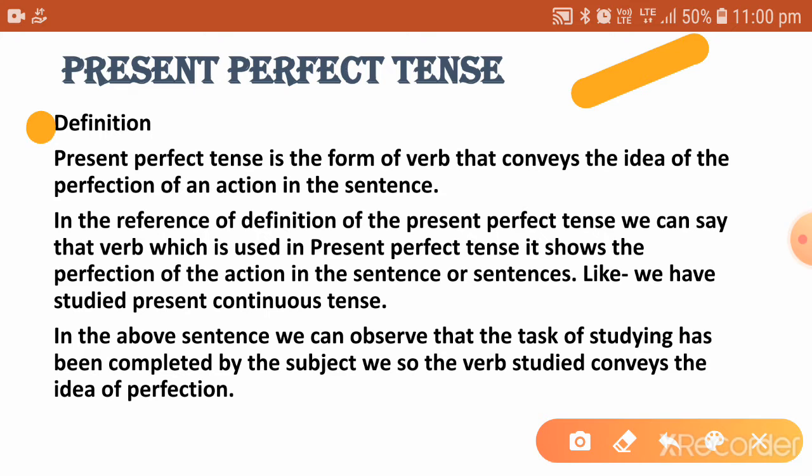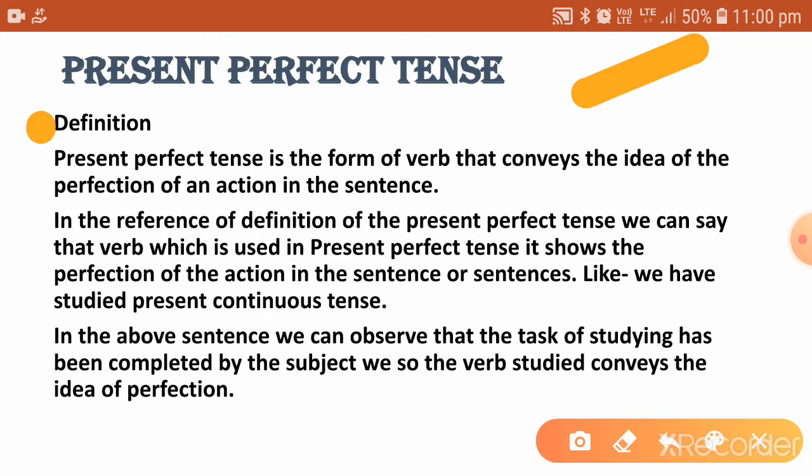Students, it's very compulsory to know the definition of any topic, and through the definition we can know something more about that topic. I had already told you about the definition of tense.